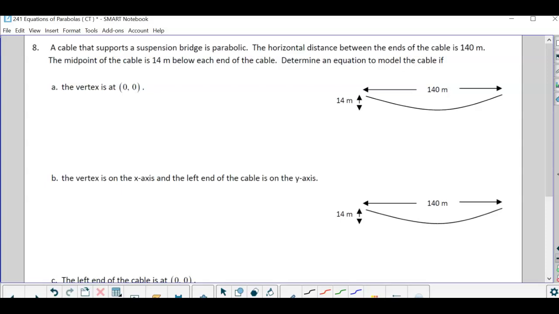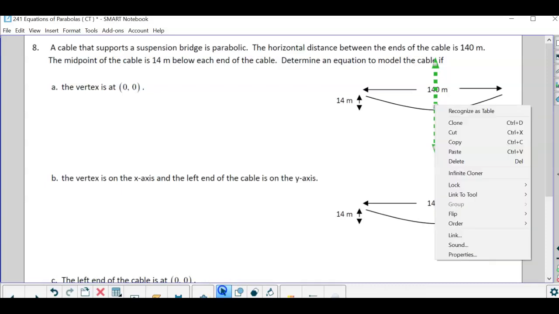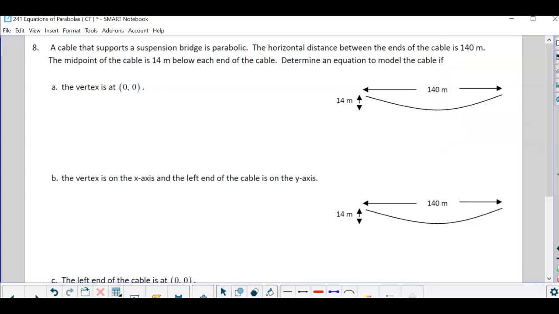So we're going to say the vertex is at (0, 0). So that means when I graph, there's a y-axis, there's an x-axis. Okay? Our vertex is at (0, 0).